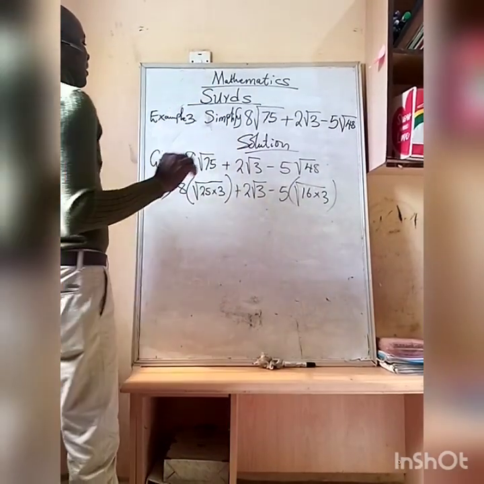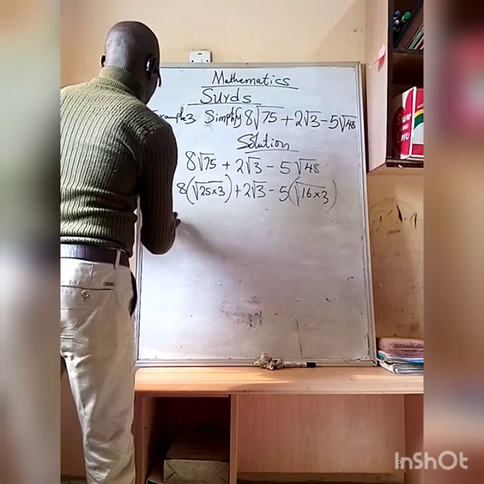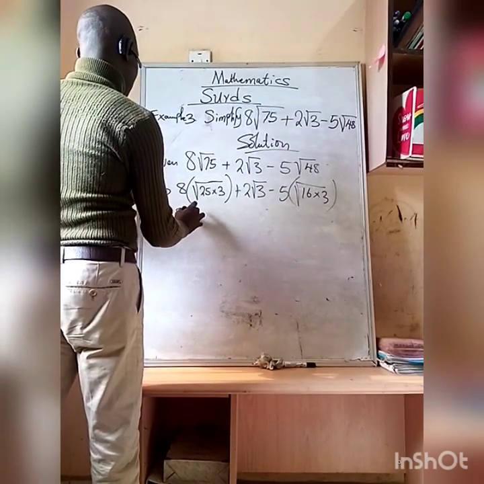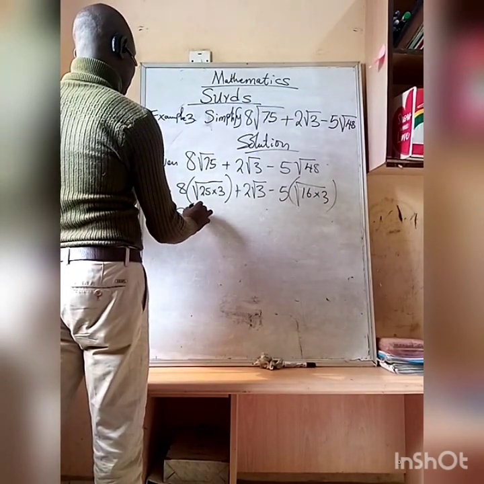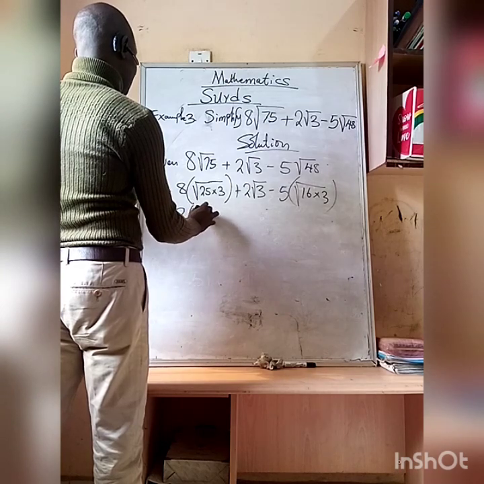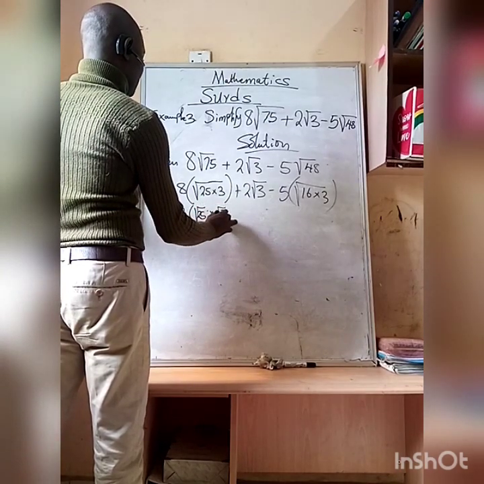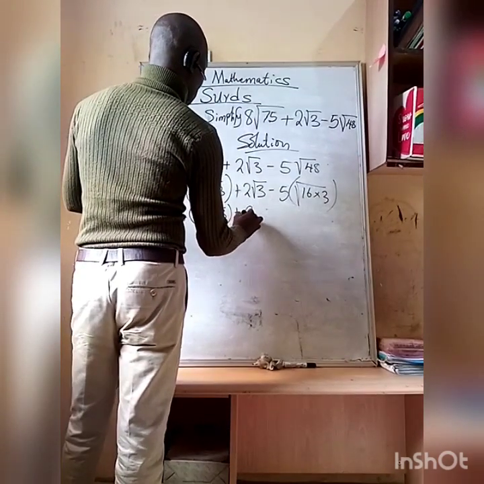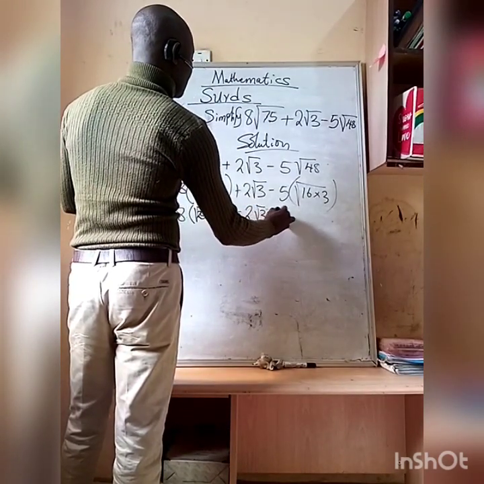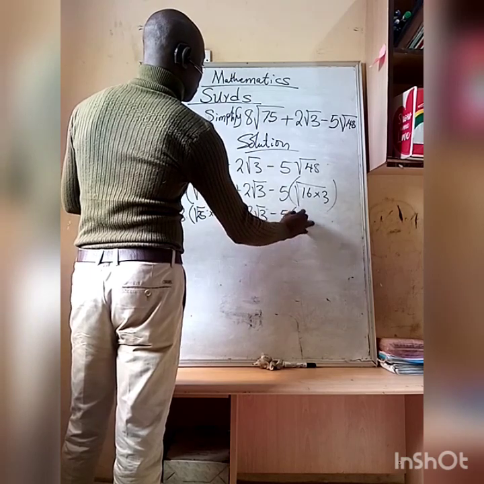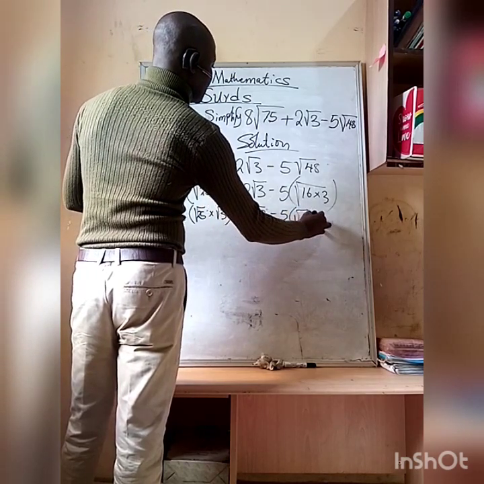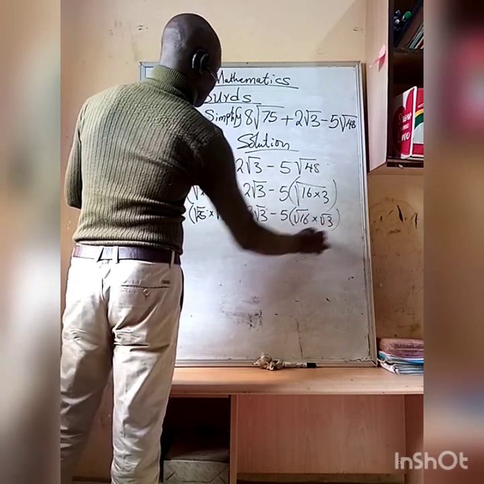So going by our multiplication law, we now have 8 into root 25 times root 3, then plus 2 root 3 minus 5 into root 16 times root 3.